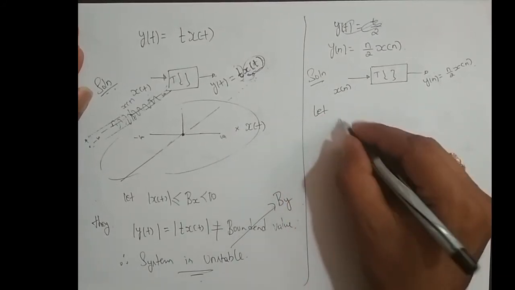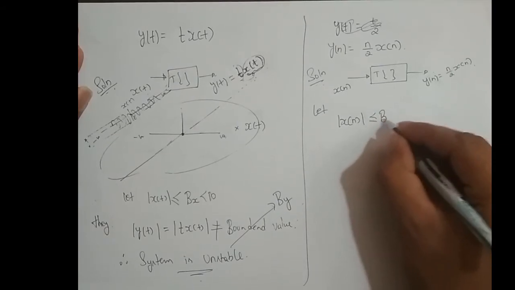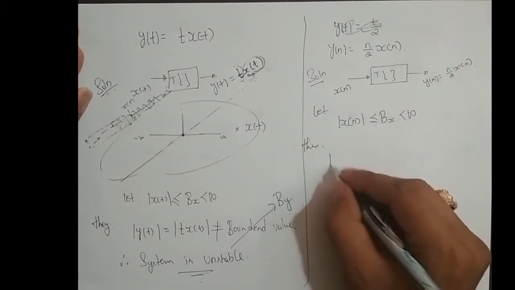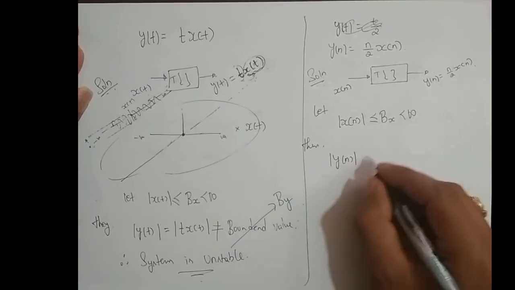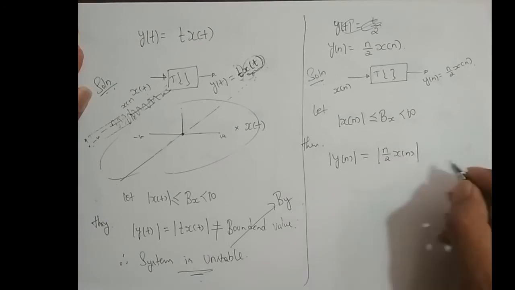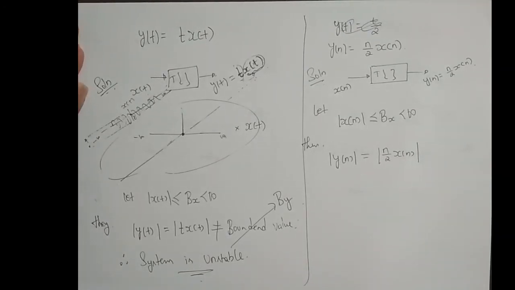Now we'll assume that the magnitude of x of n, the input that I am feeding, is bounded by a value of bx which is less than infinity. Then the magnitude of y of n, which is equal to the magnitude of n by 2 into x of n, is this bounded or unbounded?